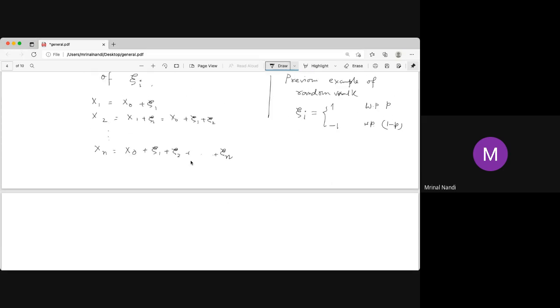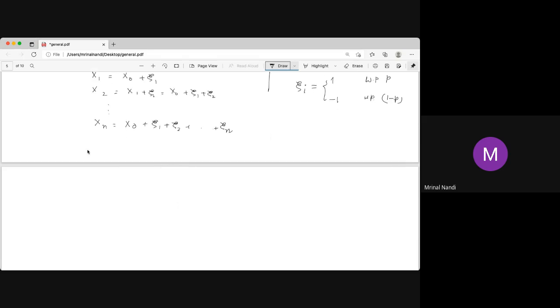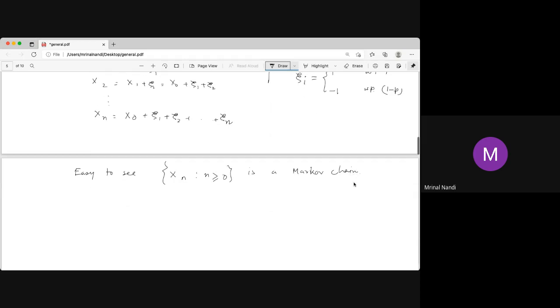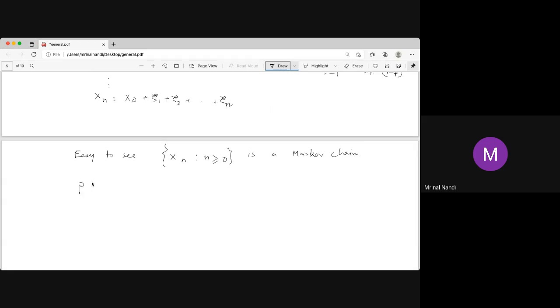Now we can show that xn, n greater than or equal to 0, is a Markov chain. It is easy to see. And what is the transition function? You can easily check it.